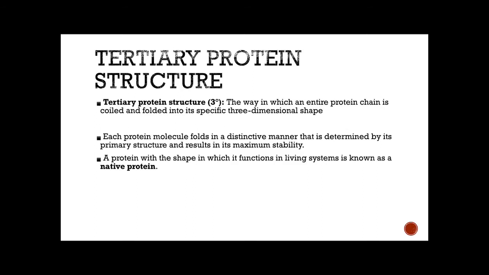As these interactions occur, the protein is folded into a specific 3D shape. And the way the protein is folded is determined by the primary structure. So those amino acids in the primary structure, depending on what the R groups are, will determine what 3D shape the tertiary structure is going to form.